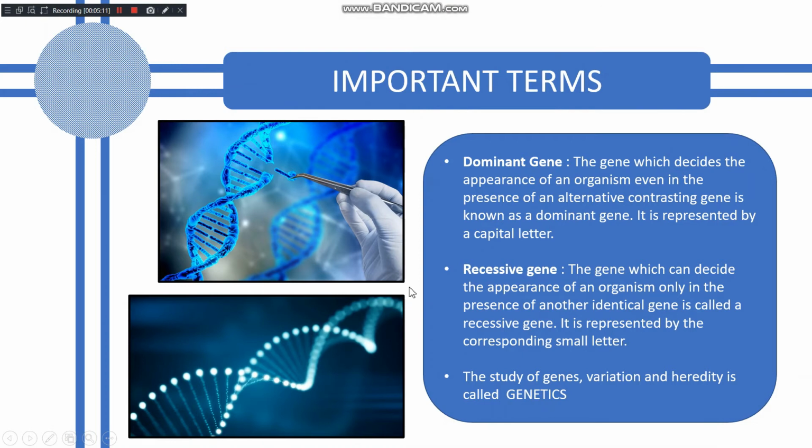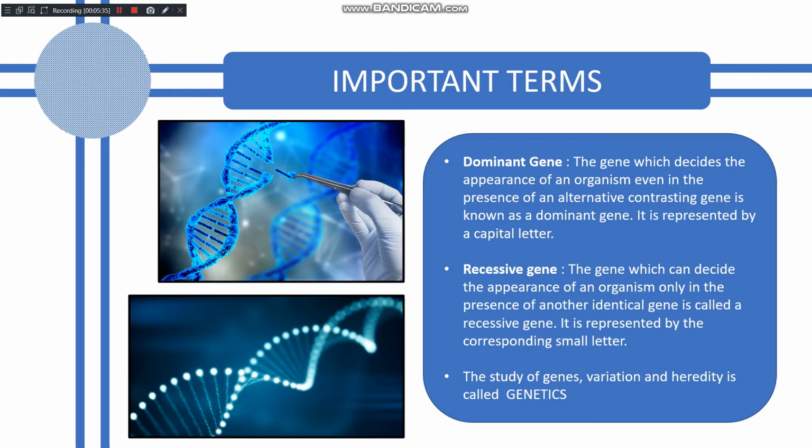Now for this chapter some more important terms are there, like dominant genes and recessive genes. Students, as I told you, the chromosomes are present in pairs. Similarly the genes are present in pairs. Pair means the same type of genes are there.